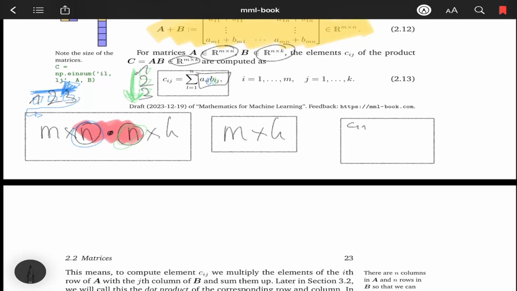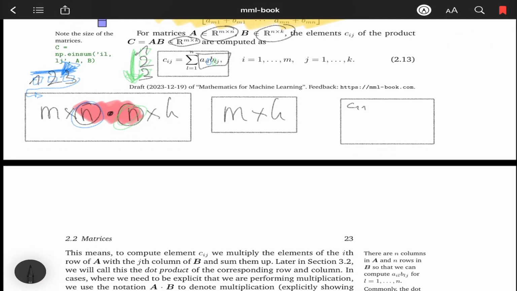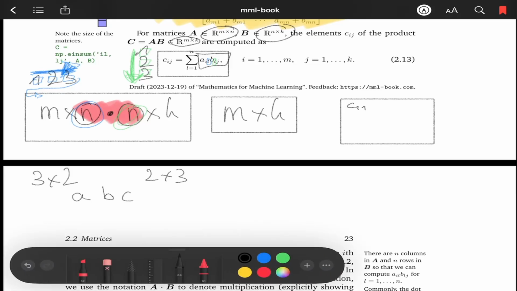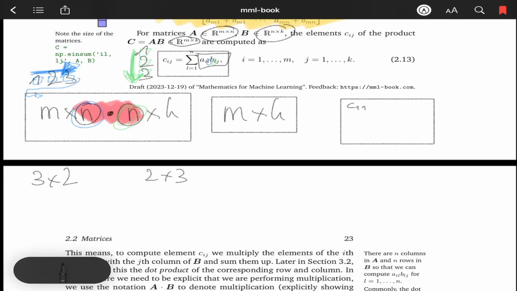Okay, so let's try to write this down a little bit cleaner. Let's do a 3 times 2 and a 2 times 3 matrix. Let's just use variables. First it goes down and then it goes wide.